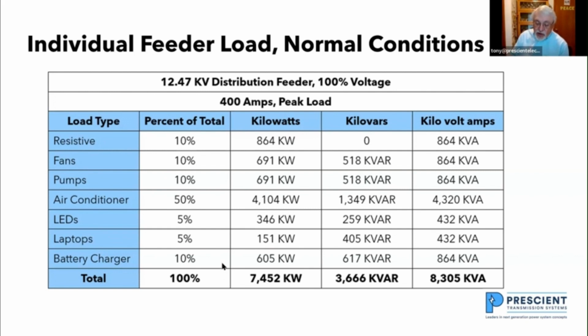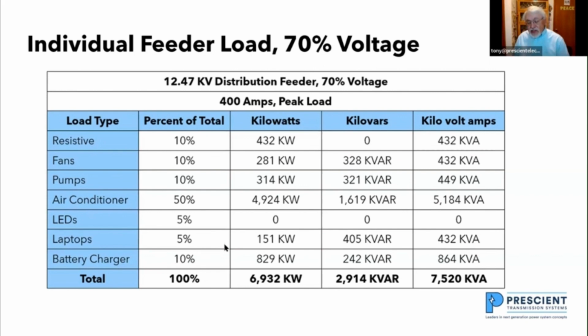If I take the same circuit and the voltage drops to 70%, the kilowatts go down, the kilovars go down, the kVA goes down, and so I got a value like this. And then I'm saying, well, I'm really concerned about fault-induced delayed voltage recovery, and I'm looking at reacceleration.